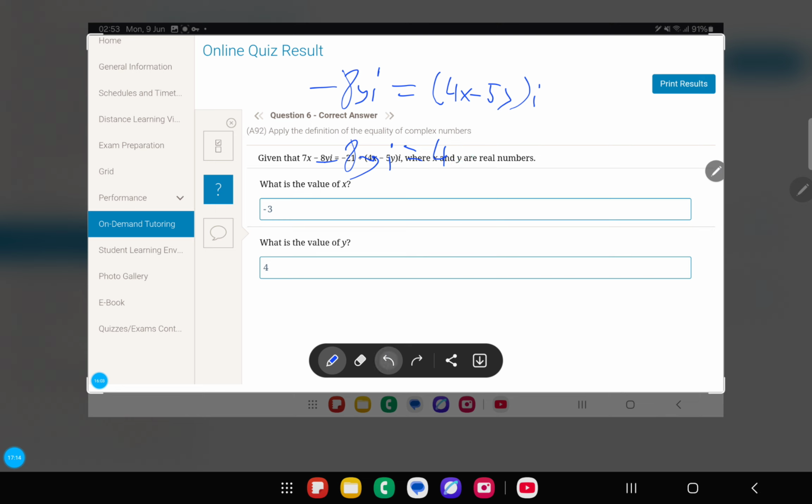By the way, sorry, don't do that. Don't distribute. To make things simpler, you can just cancel the i's here. Okay? Because there's i on both sides, just cancel them out. You get negative 8y equals 4x minus 5y. Okay? Negative 5y goes to the other side, it becomes negative 3y equals 4x. Wait, what?